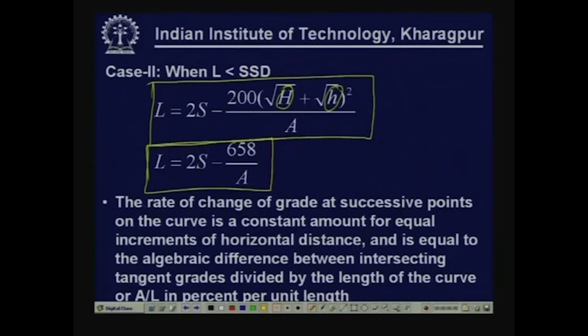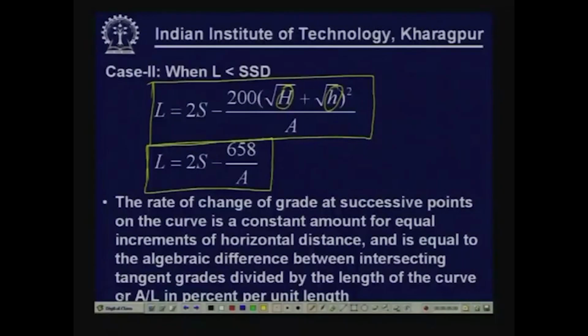Simply, A is the algebraic difference between intersecting grades or the deviation angle. That much deviation angle is negotiated over a length L. So, what is the change of grade? It is nothing but A by L in percentage per unit length.